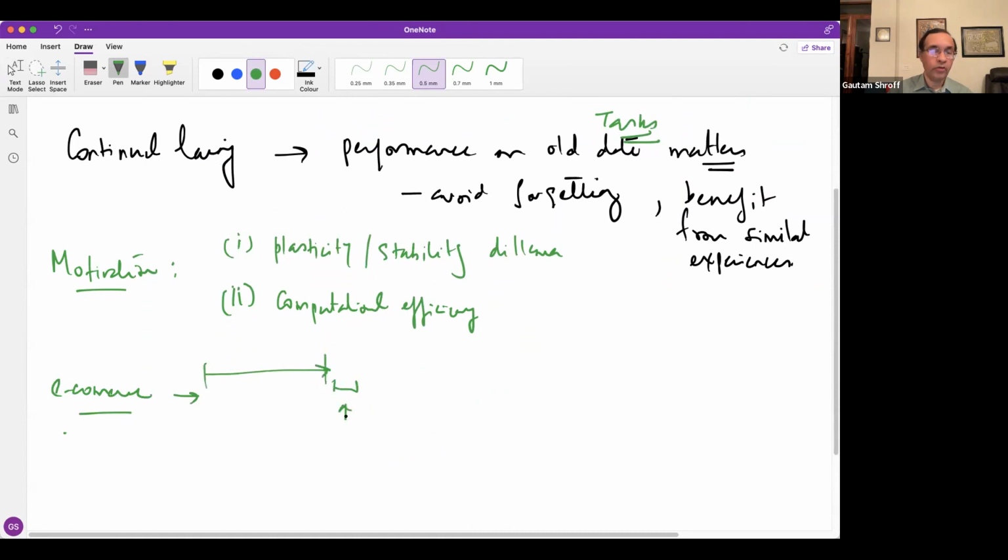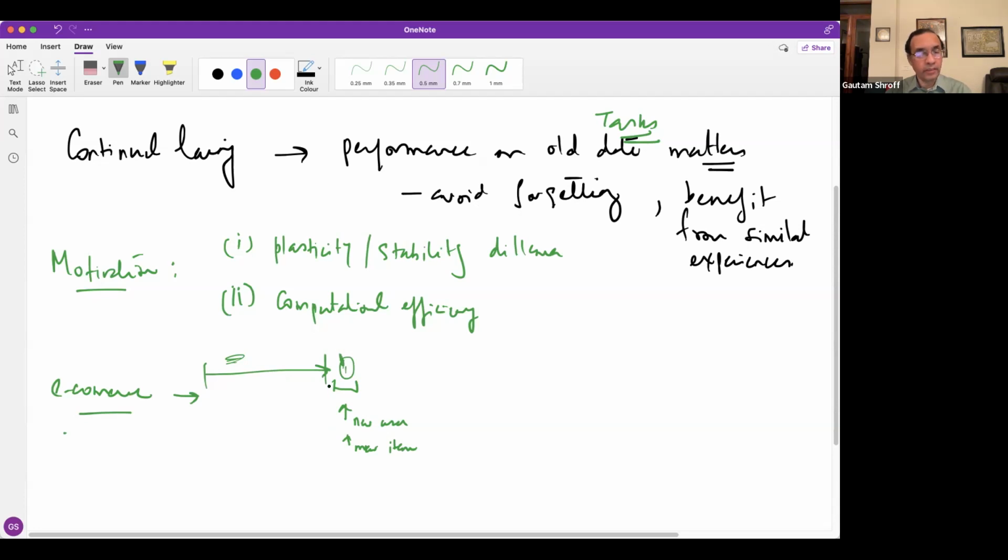And at this point of time, not only is there new data, there are new users, there are new items. Suddenly new items have come on your shelf, not much behavior about them, but the old stuff is also there. So if you just learned using just this new data, you would forget all the behavior of how people behave on other items which have already been selling, and you'd only use a very sparse amount of data.